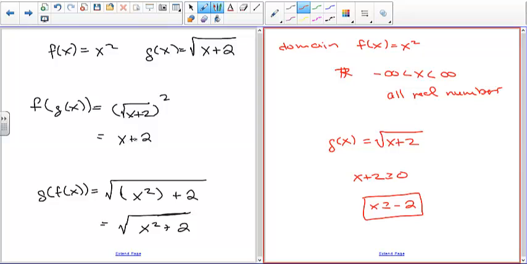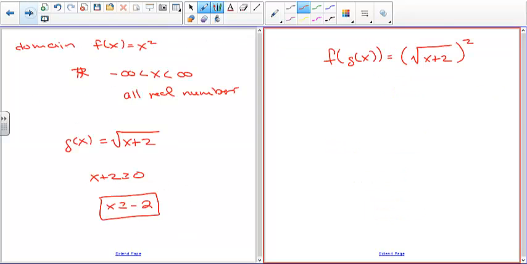Because this function is going to be good for all real numbers as far as the domain, but this one is not, because if I evaluate the function inside the parentheses first, there's a limit on what I can do. So the same reasoning applies for this case. The argument in the square root has to be greater than or equal to 0. So x plus 2 has to be greater than or equal to 0. x has to be greater than or equal to negative 2.